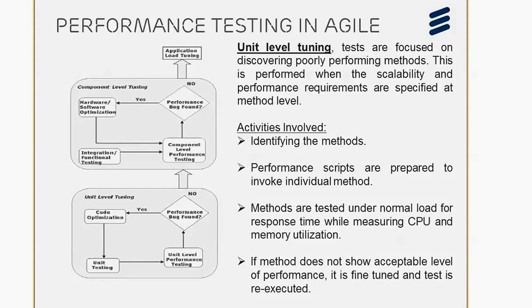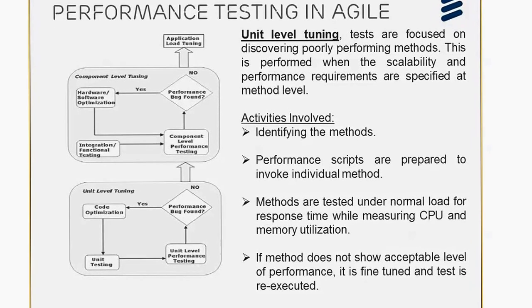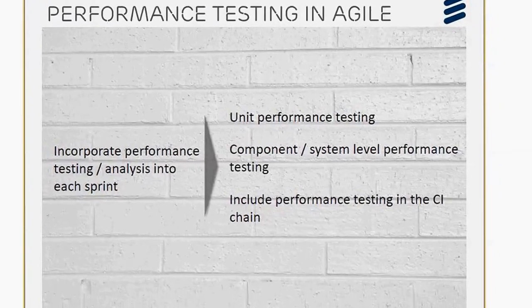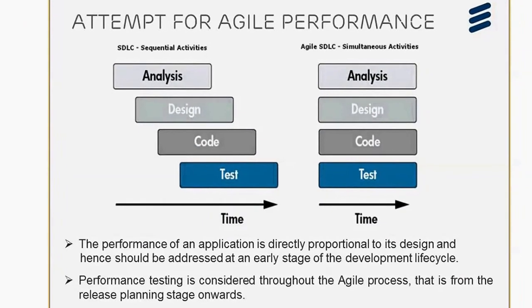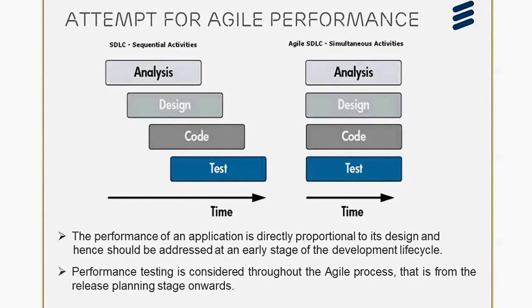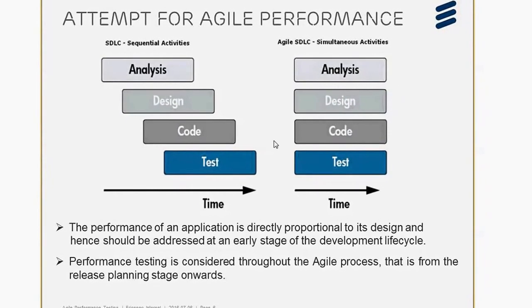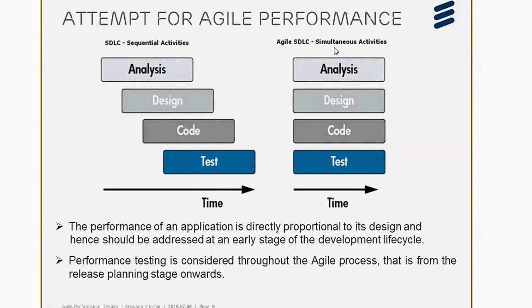No, that is why we are talking agile. If I go back to this particular slide, analysis, design, code, and test all happen simultaneously. For a certain sprint, you may have 10 user stories to be delivered.